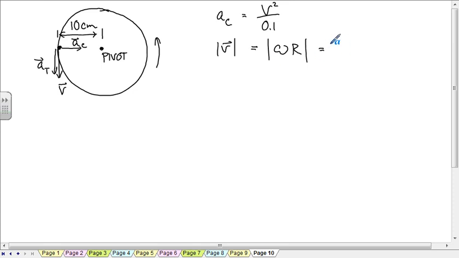Omega, just the instant before that acceleration stops, is 2094.4. The radius is 0.1. So that speed is equal to 209.44.